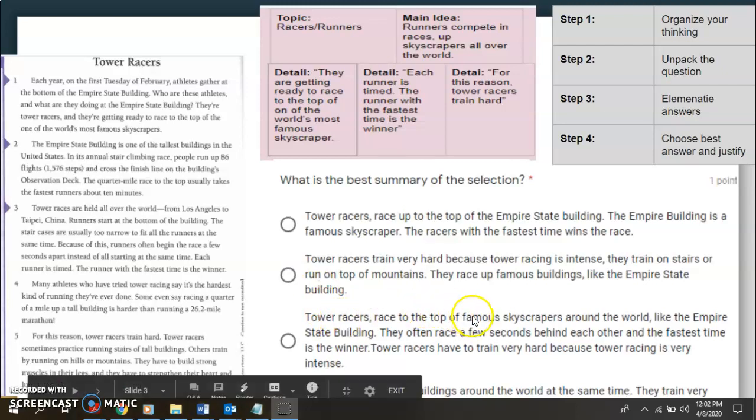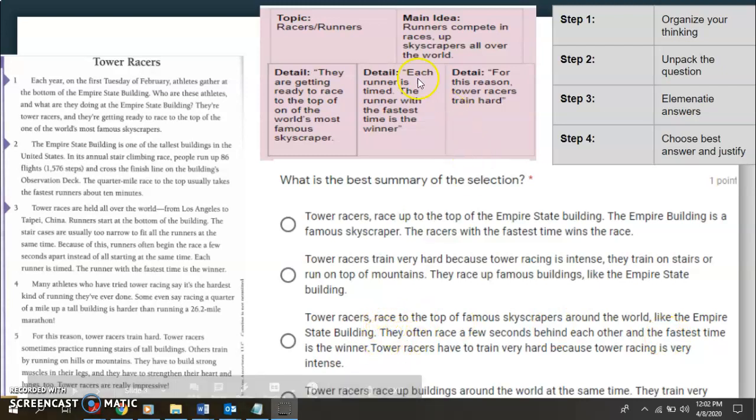And it says tower racers race to the top of famous skyscrapers around the world. So there, it has the main idea. Then it gave me an example of the Empire State Building, which is in paragraphs 1 and 2. So it states my main idea and gives me a detail. Then it says they often race a few seconds behind each other and the fastest time is the winner. Right here, I wrote that as an important detail as well.